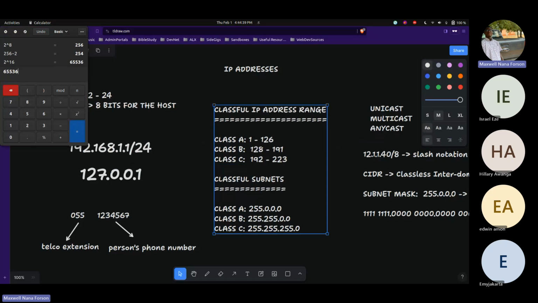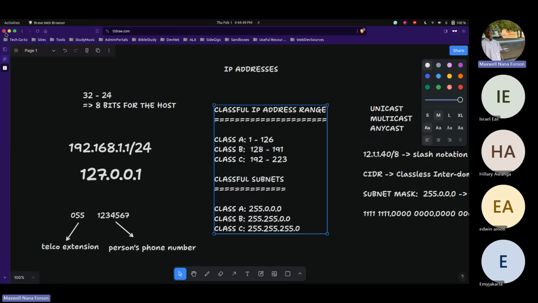It doesn't make sense that a person would have this much. 65,000. Exactly. That's the reason why class C is normally used in home routers and those kind of things. But there's more to this, which we wouldn't have much time to talk about.